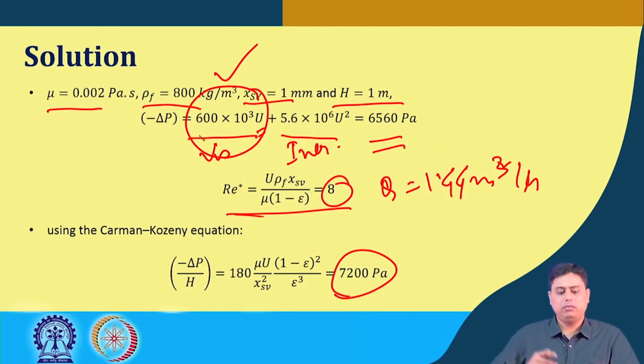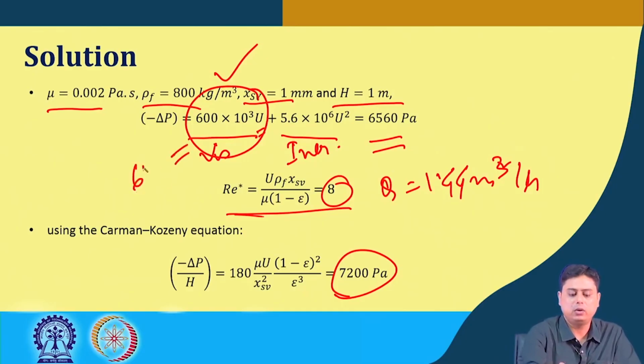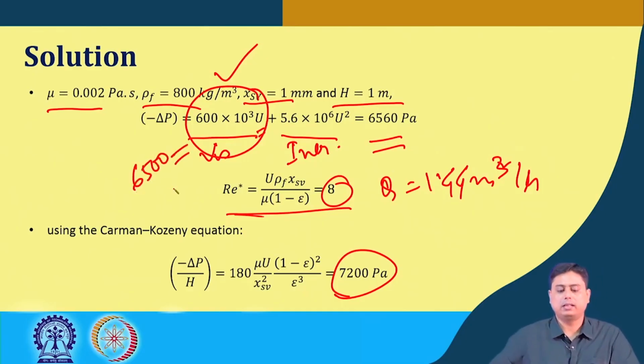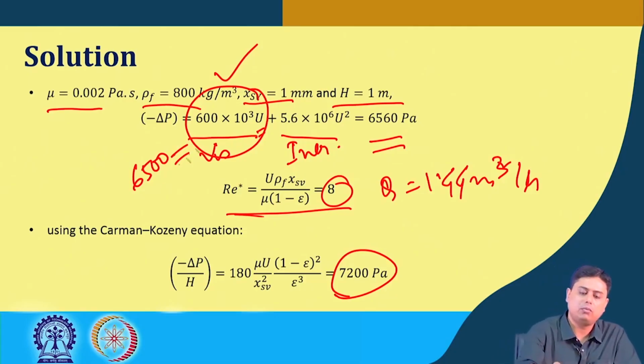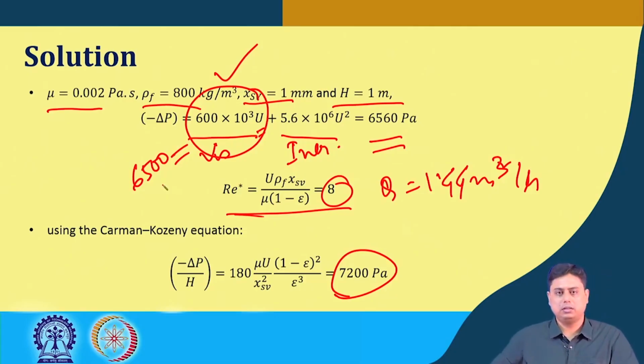If you calculate this part only, you will see that it numerically equals 6500 Pascal. So all of the contribution comes from the viscous part, because the flow is laminar, which means now we have three numerical results.